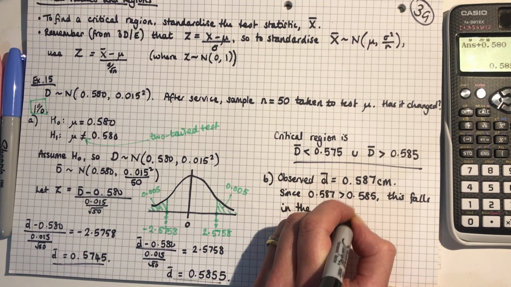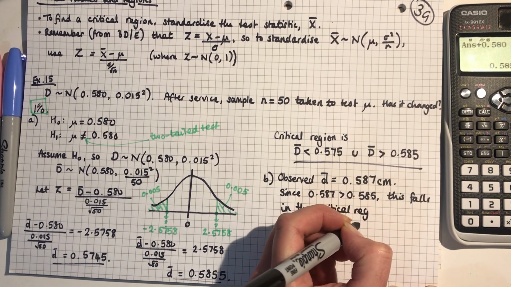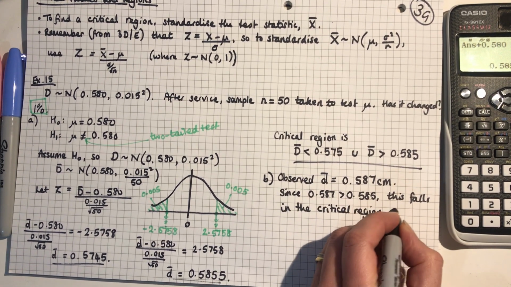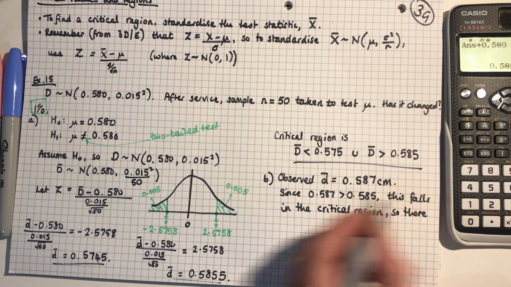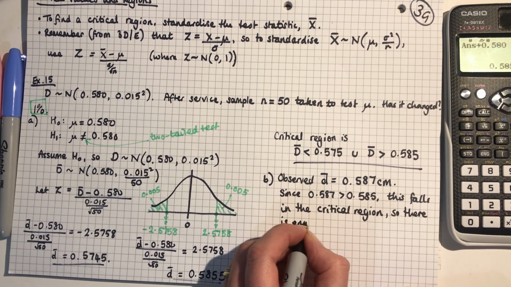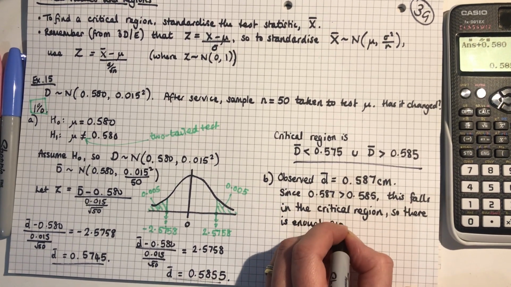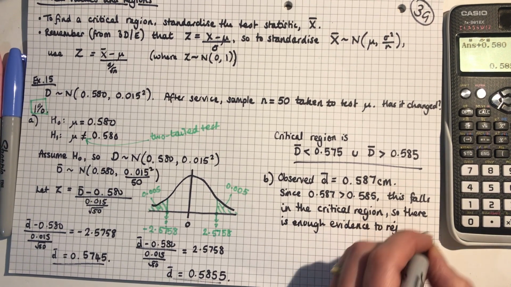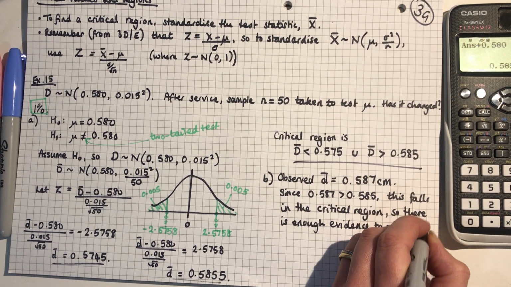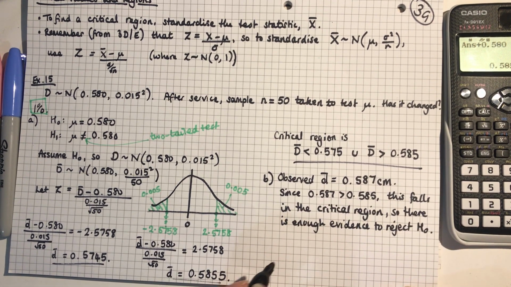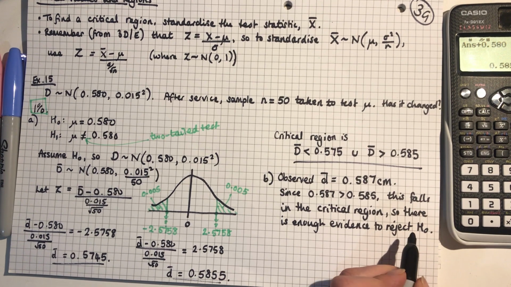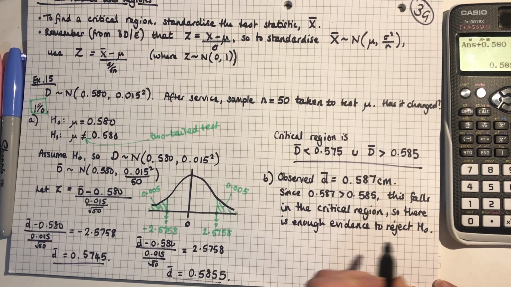Now what does that mean? It means we have enough evidence to reject our null hypothesis, H0. Now, once you say whether or not you stick with your null or you reject your null, you then always write a sentence in context.